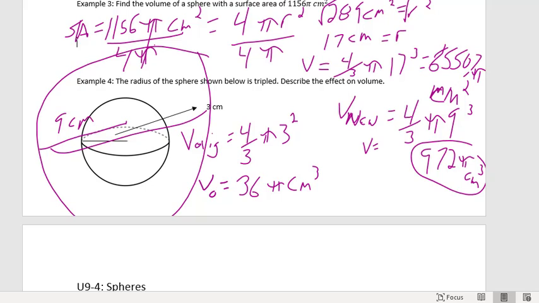All right, now if we compare them the way we did with cones, 972 pi divided by 36 pi, pi's cancel, and I end up getting 27 times bigger.